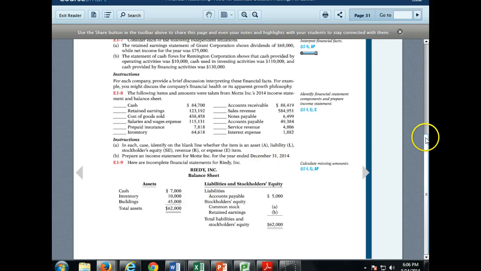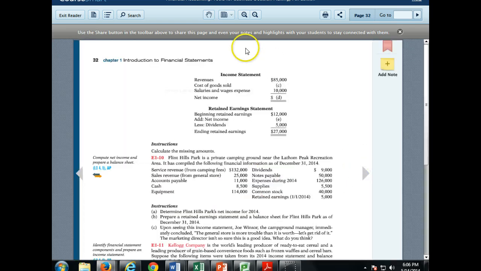Okay, so getting back here, here's an incomplete financial statement for Righty. It gives us our assets, our liabilities and stockholders' equity, and then the income statement and the retained earnings. Our job is to determine what amounts are missing.